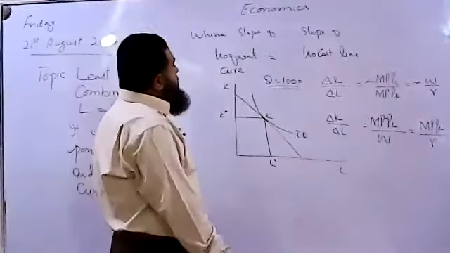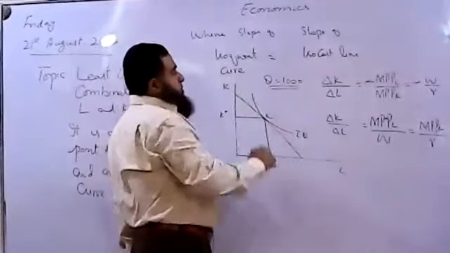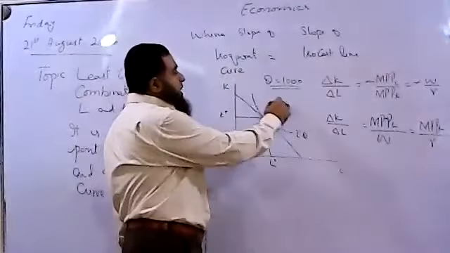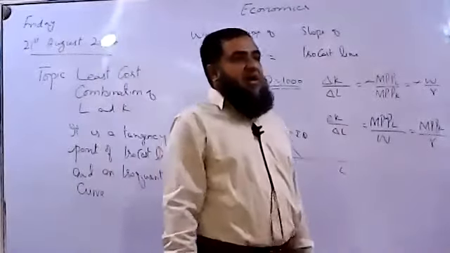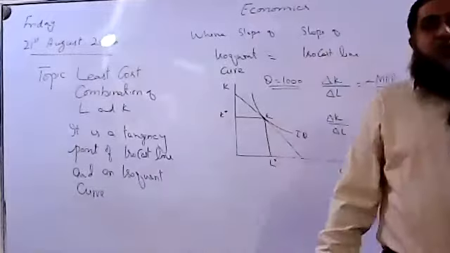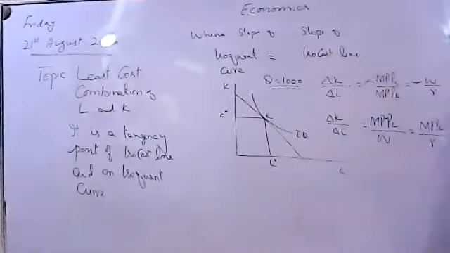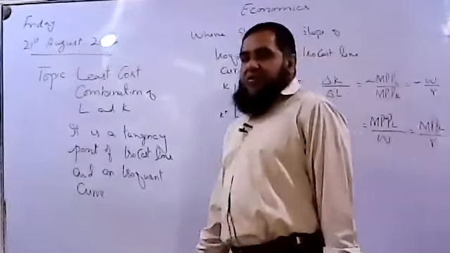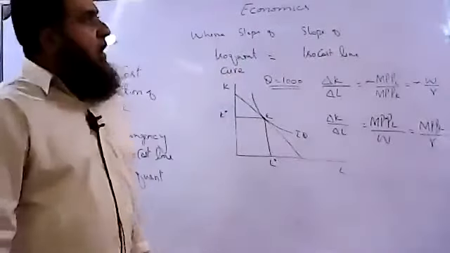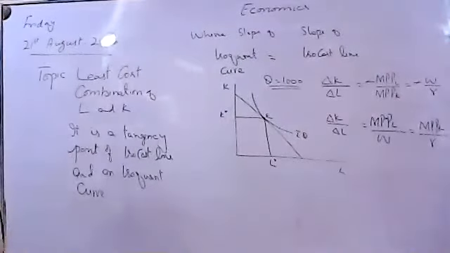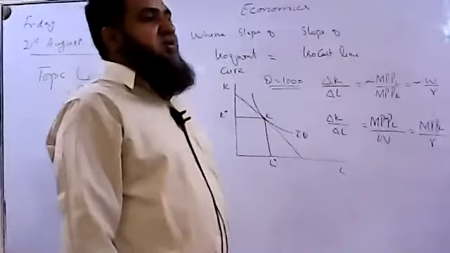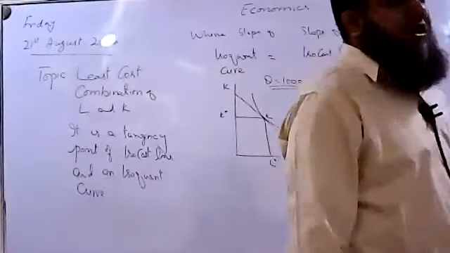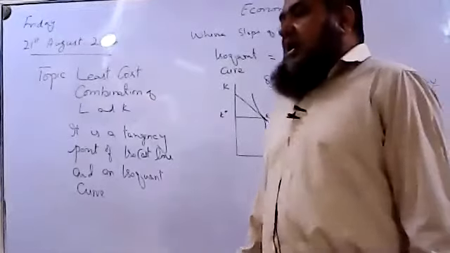And if the firm wants to produce more output, then this isocost line will be shifting parallel outward, and a new isoquant will be making a tangency condition with the new isocost line, and more output at a different cost of production will be produced. So that's how the firm, or isoquant and isocost line, are able to minimize the cost of production by using different combinations of labor and capital.